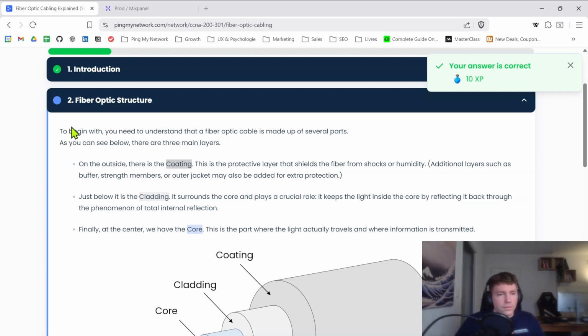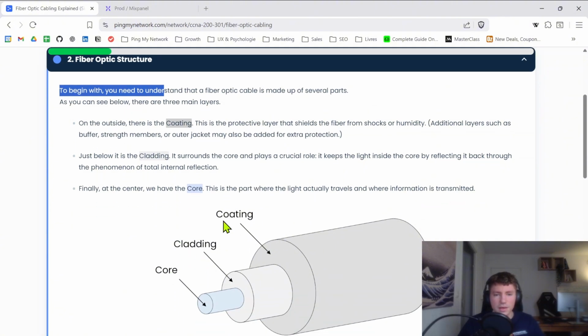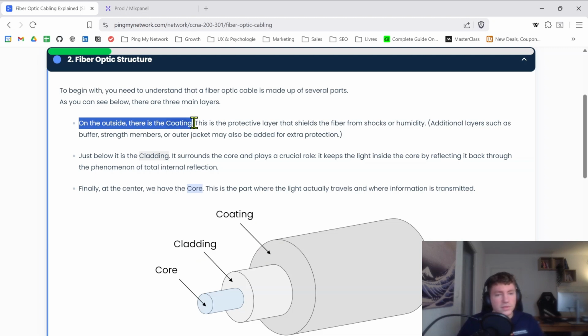Fiber optic structure. To begin with, you need to understand that a fiber optic cable is made of several parts. Core, cladding, coating. On the outside, there is a coating. This is a protective layer that shields the fiber from shock or humidity. Additional layers such as buffer, strength yarns, and a rubber jacket may also be added for extra protection. Just below it is the cladding.